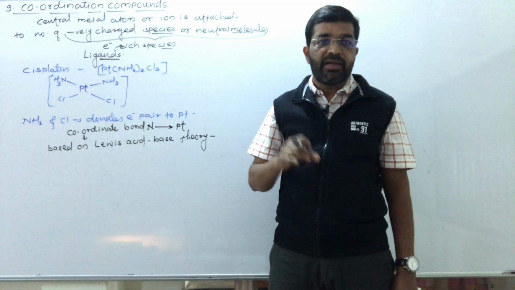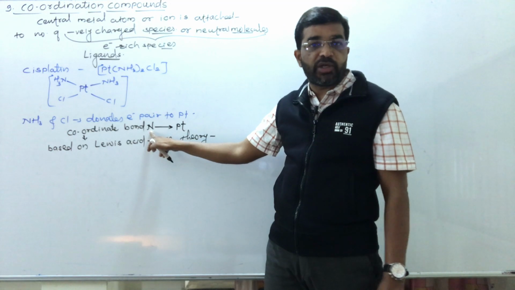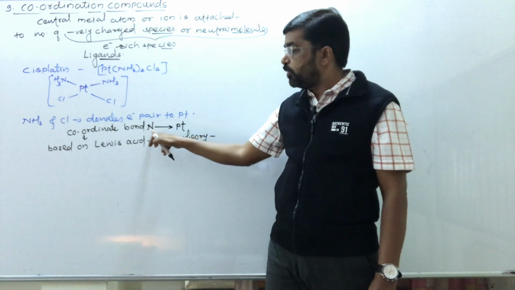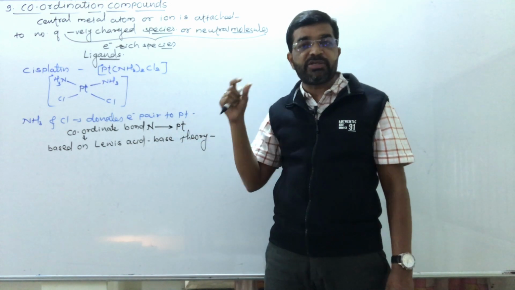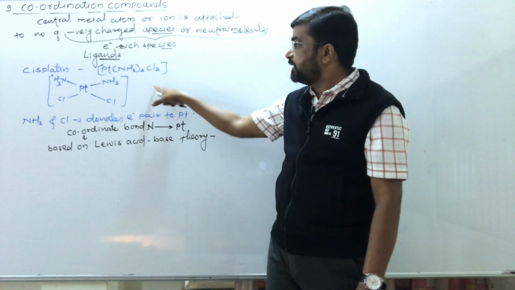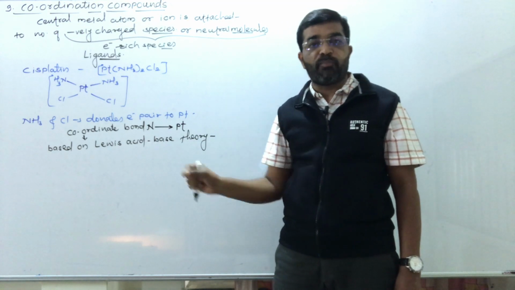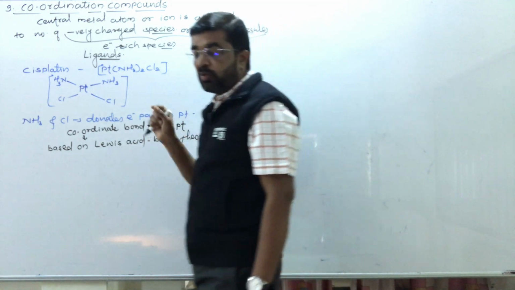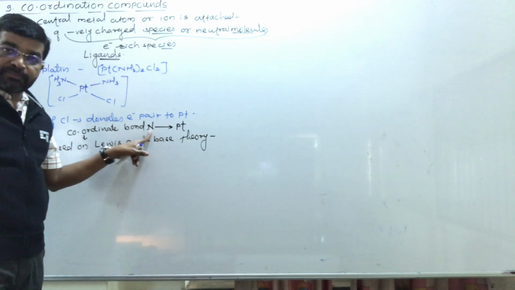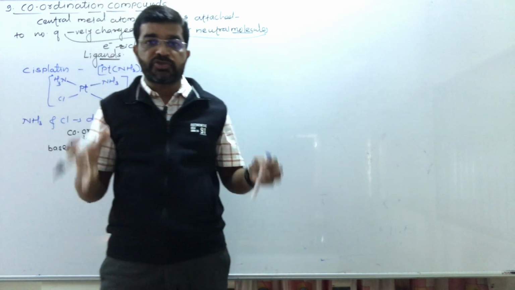It may be an atom, ion or molecule. So here the nitrogen atom of ammonia donates an electron pair to platinum. So ammonia is a Lewis base and platinum is a Lewis acid, and the bond formed between them is a coordinate bond, and these compounds are called coordinate complexes, coordinate compounds or coordination compounds. So this is the donor atom and this is the acceptor atom. In this way formation of coordination compound takes place.